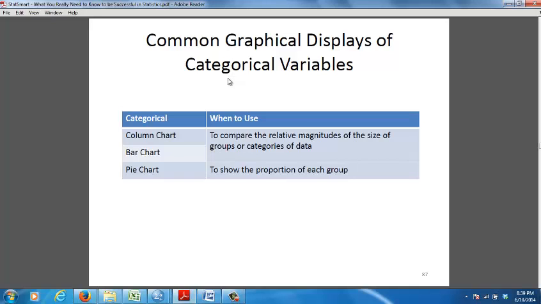And the pie chart, as you know, looks like a pie. So the question is, when would you use which? If you want to compare the magnitude or size of groups of data, you'd look at the bar chart or the column chart. If you want to look at the proportion of each group or compare one slice to the whole, you'd use a pie chart.